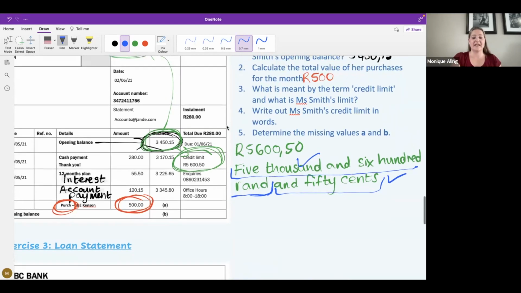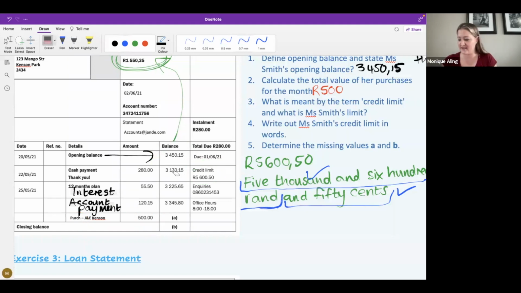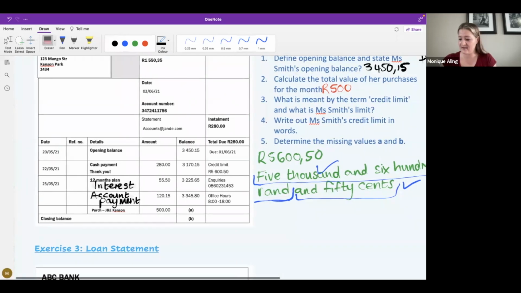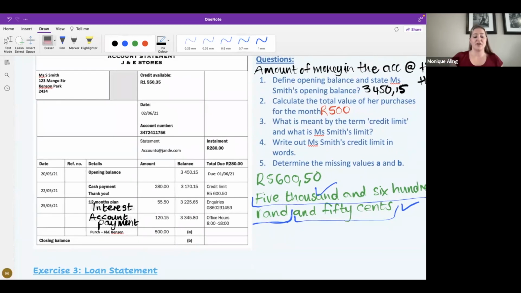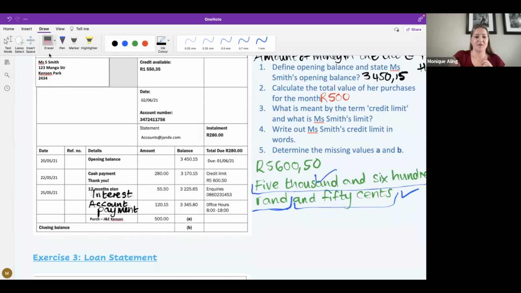Okay, so let's have a quick look at this account statement. Let me just give you a quick run through because I realize that it might be a bit confusing. So like a Sunday was asked, what is credit available?